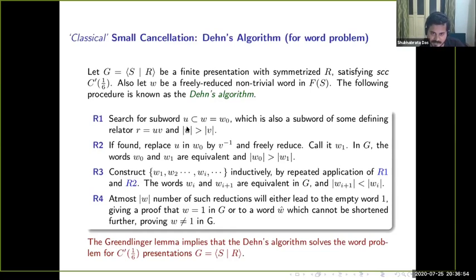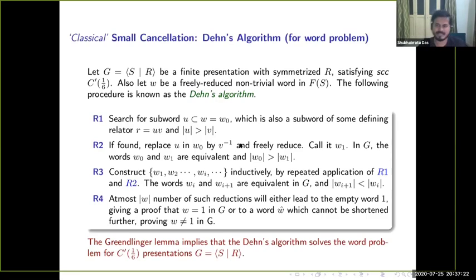Why the inverse? Because UV is 1, so U would be V inverse. So you are replacing U by V inverse. Now V inverse has the same length as V. So essentially you are reducing the length of W by replacing it with V inverse.